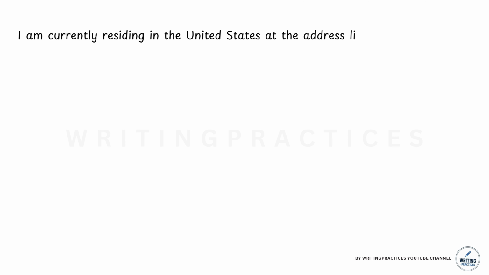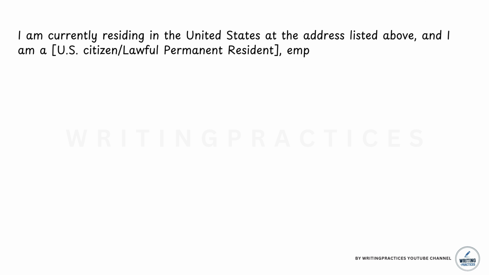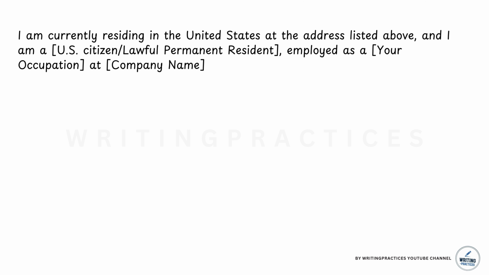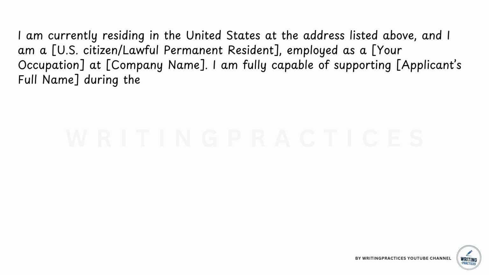Second paragraph, your legal status and financial capability. The second body paragraph shifts focus to you, the sponsor. It's time to provide your own background to show that you are legally allowed to sponsor someone and that you can afford to do so. For example, I am currently residing in the United States at the address listed above, and I am a US citizen, lawful permanent resident, employed as a your occupation at company name.